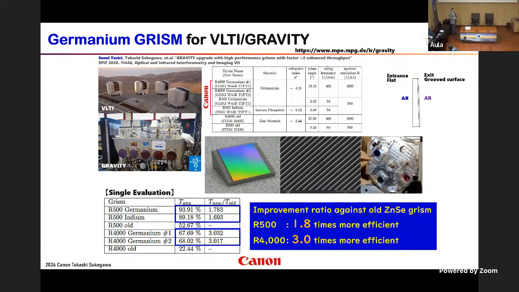Traditionally, this kind of wavelength range is covered using zinc selenide, the orange and yellow ones. But we just switched the grating to germanium. The throughput is 1.8 to 3 times higher. So GRAVITY is very happy just to switch the one optic. The throughput is hugely improved.